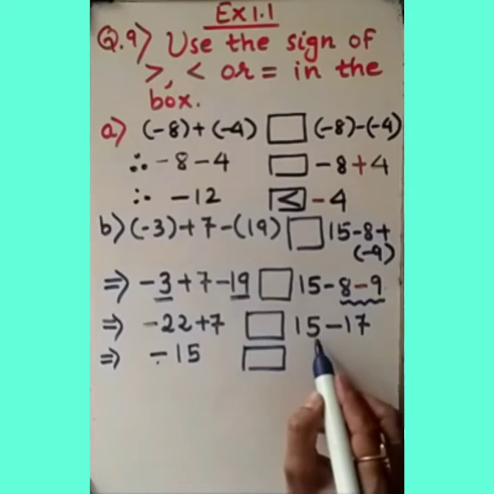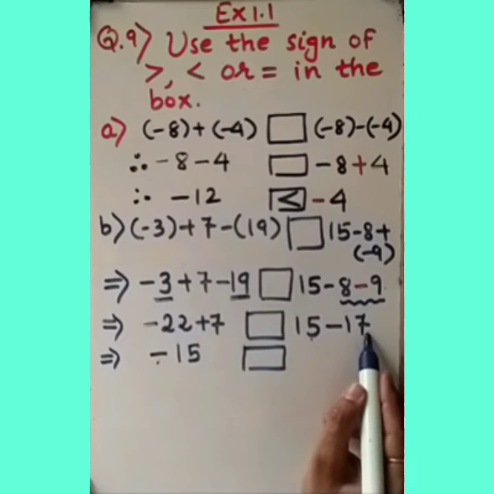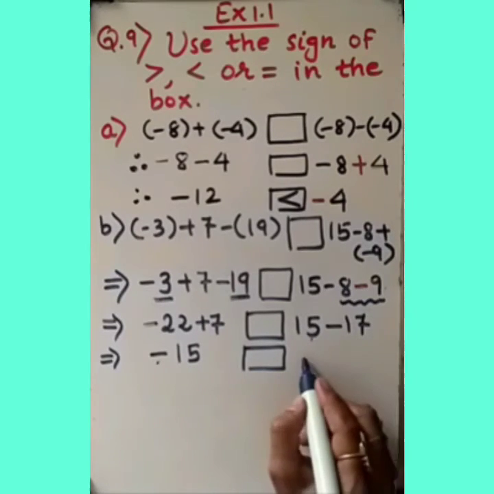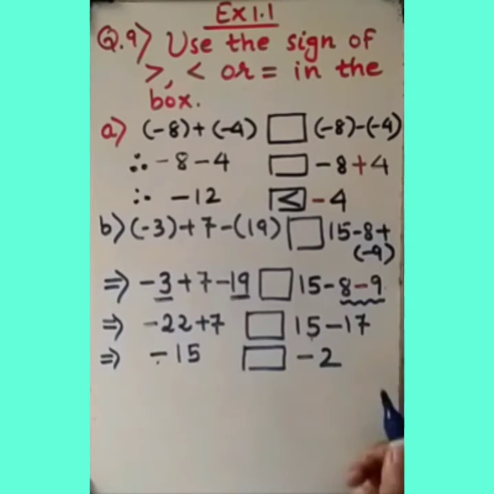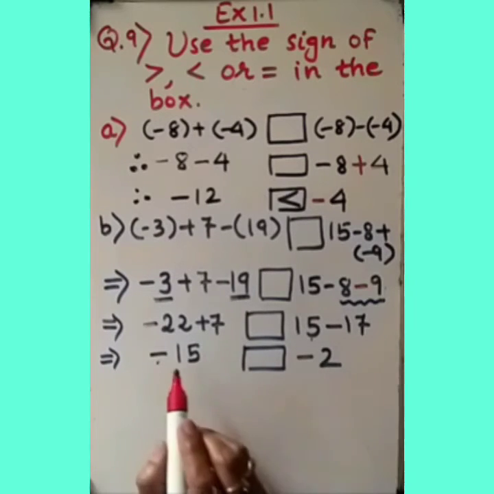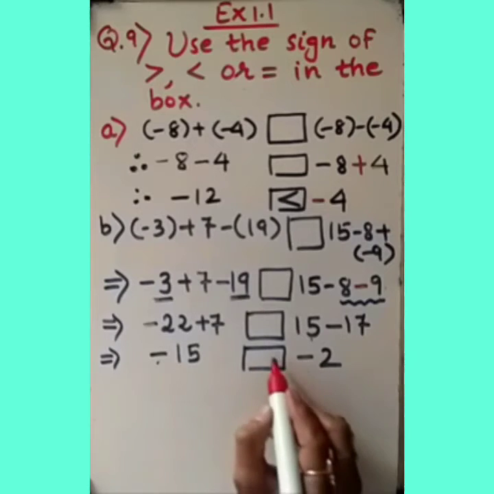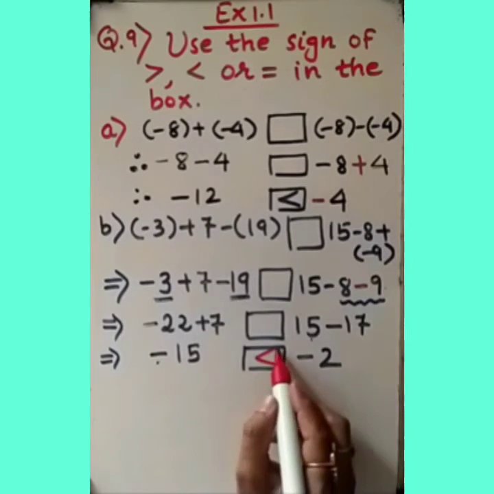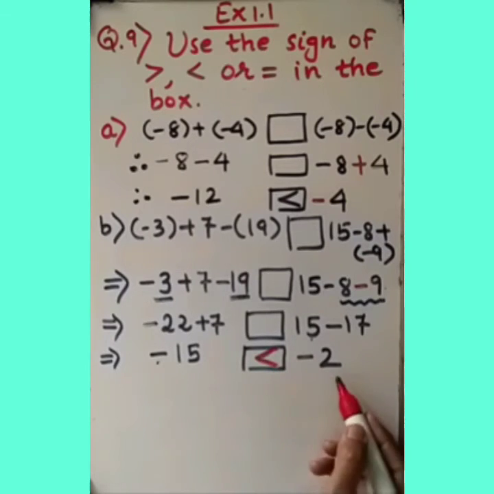And look at your screen, 15 minus 17. What will be the answer of this? That is -2. Now how to decide what the sign will be? As we know, -2 is to the right side of -15 on a number line. That's why -2 is bigger than -15. You need to mention the final sign this way.